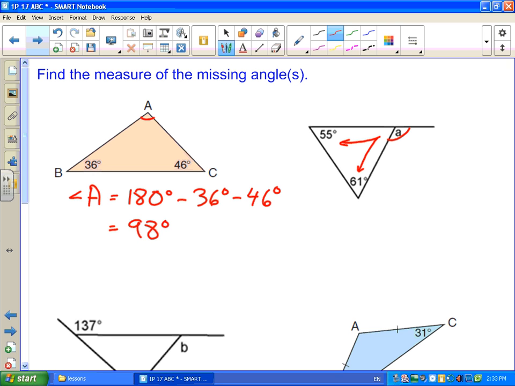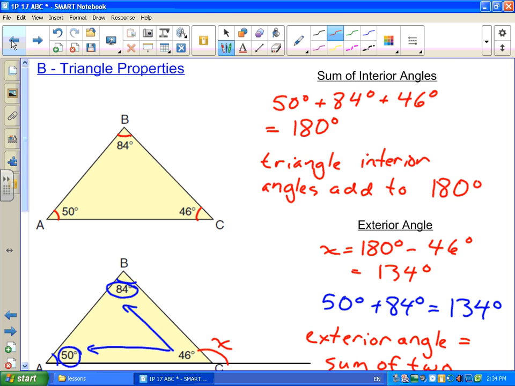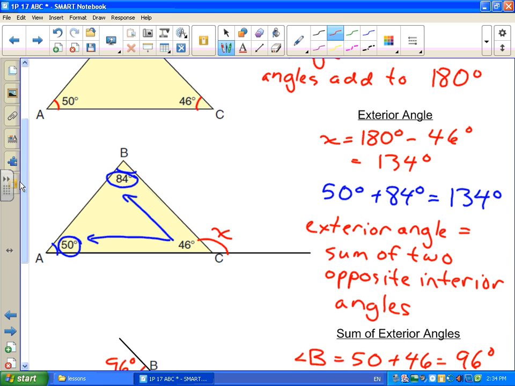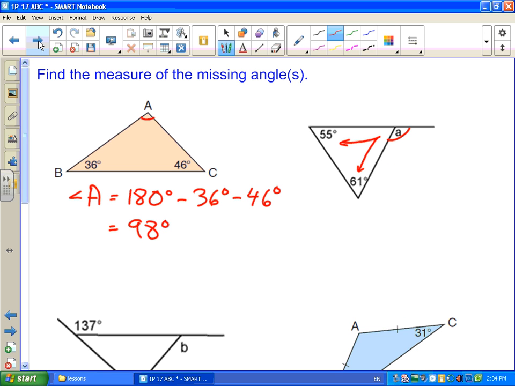How is that exterior angle related to those two interior angles that are on the opposite side? Okay, let's go back and take a look. What does it say right here? Right. So how can I figure out what A is then? What do I add? Yeah, I add up 55 and 61, and that'll tell me what angle A is. So I do that addition, 116 degrees.